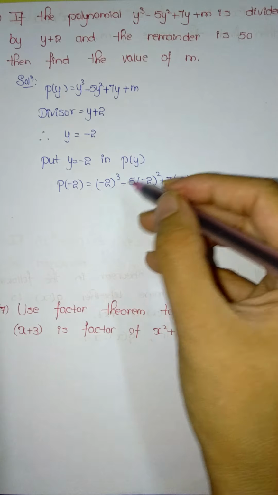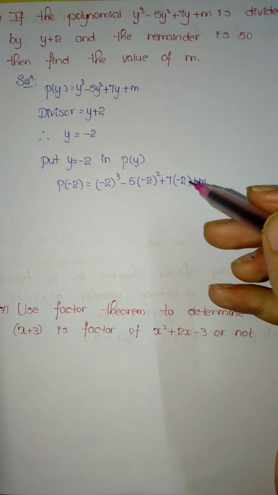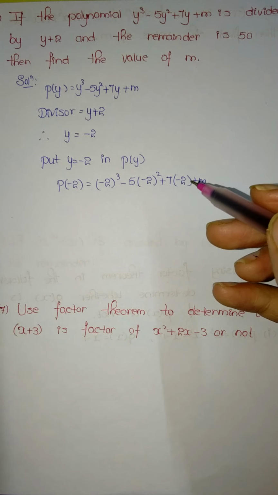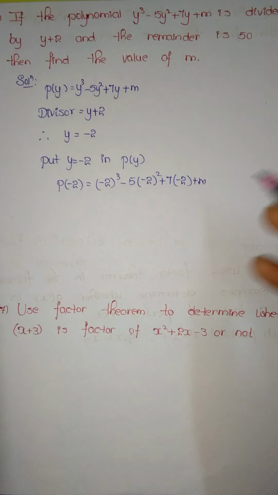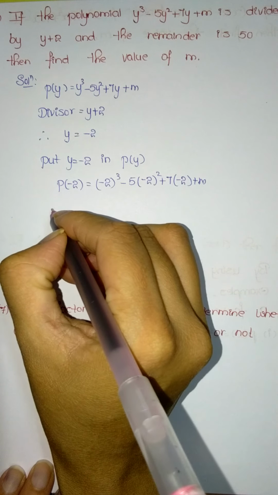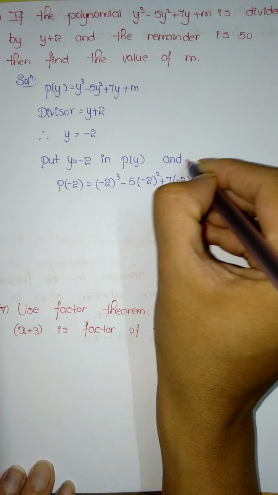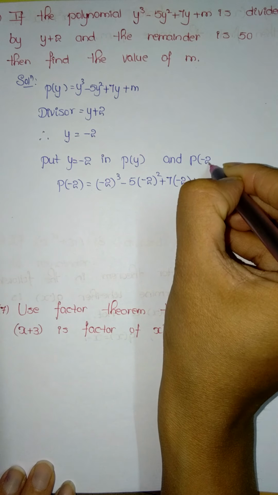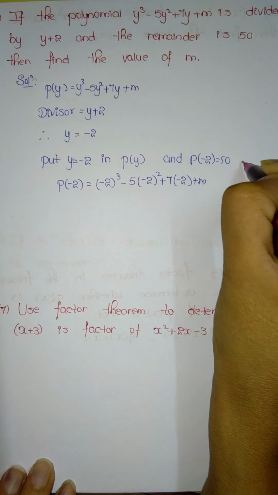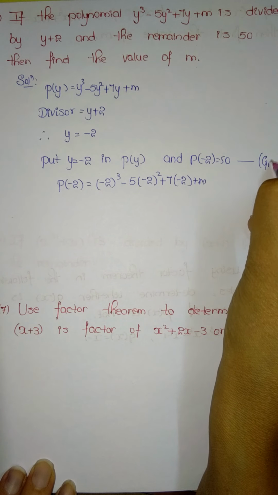So already they have given the remainder, that is p of minus 2 equal to 50, which is already given.